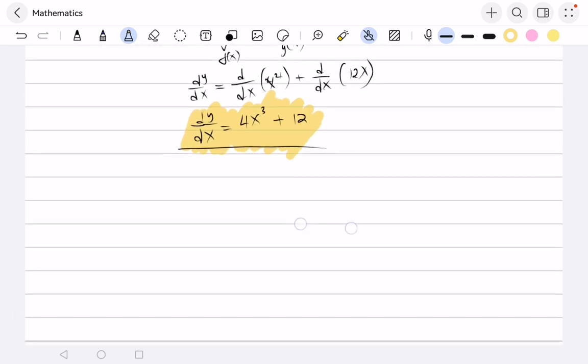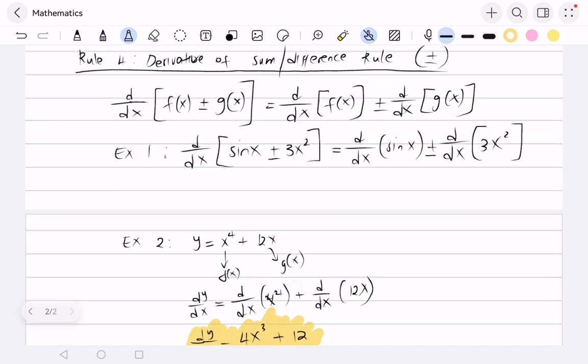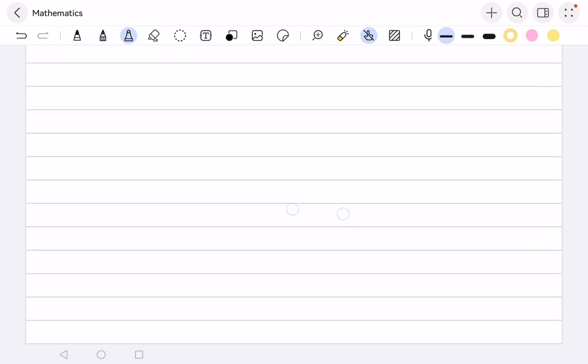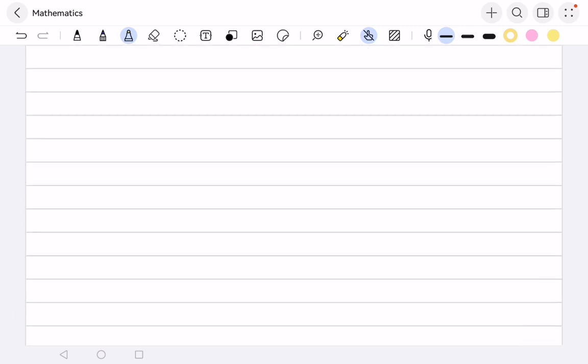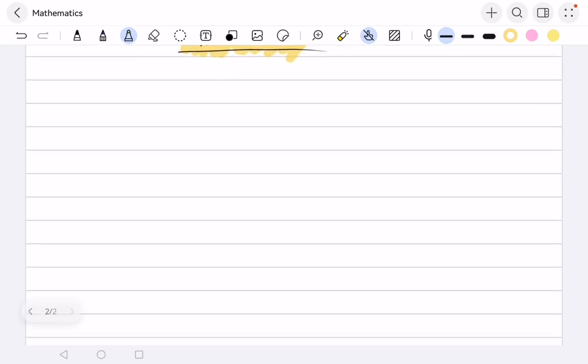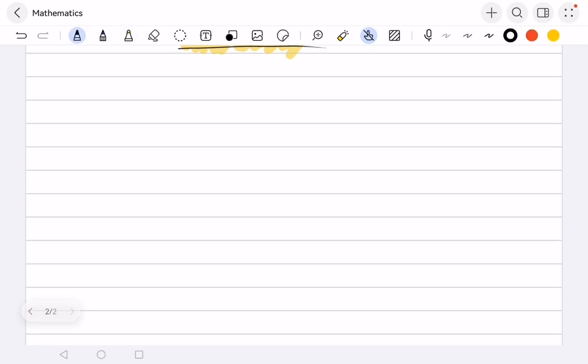Now we want to move to rule number 5, which is known as the product rule.